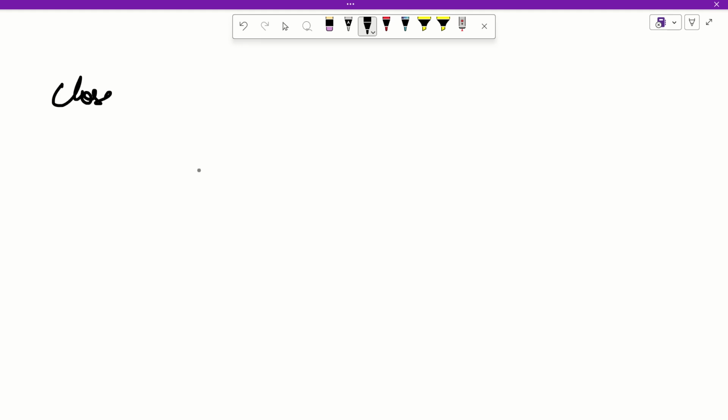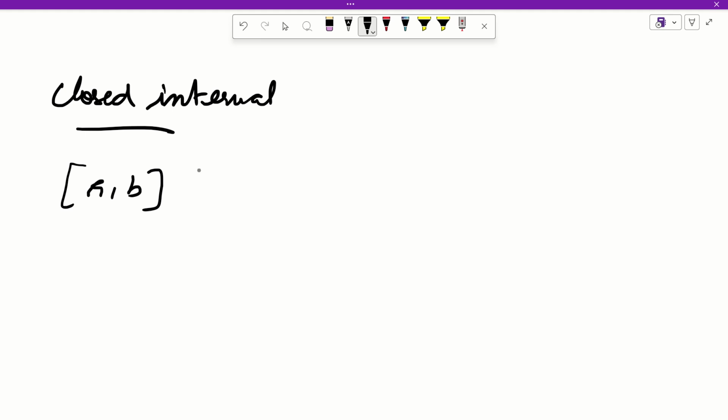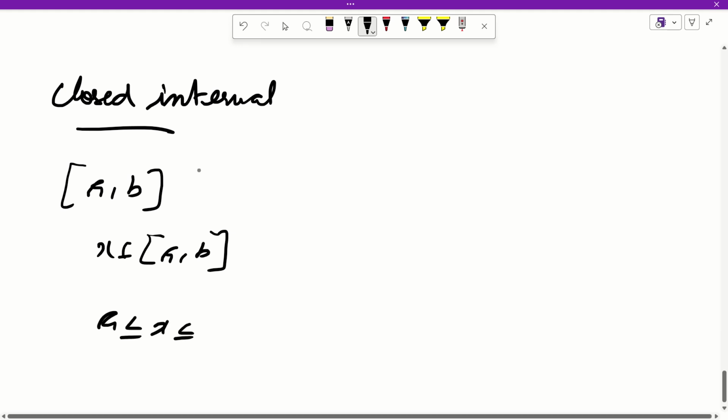For closed interval, we represent it like this: closed interval A comma B. So x belongs to closed interval A comma B, that is A less than or equal to x less than or equal to B. That's the inequality form.